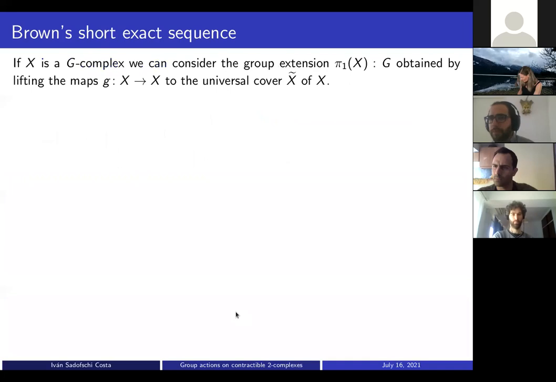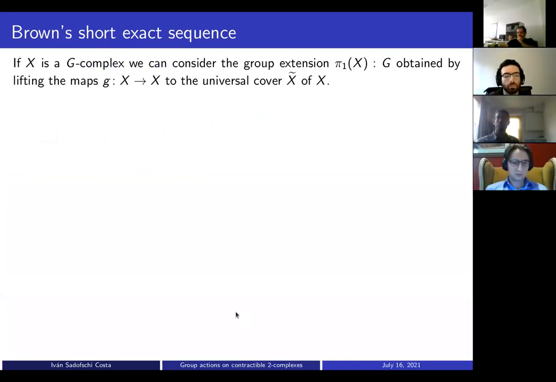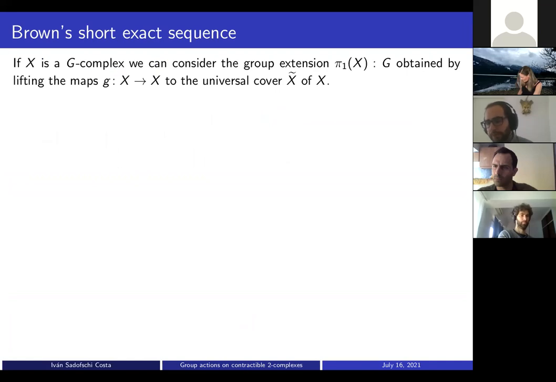So now to do this, we want to understand the fundamental group of these examples, and there is a problem with doing this because there is no base point which is fixed by the action of G. And a way to handle this fundamental group is to use Bass-Serre theory.